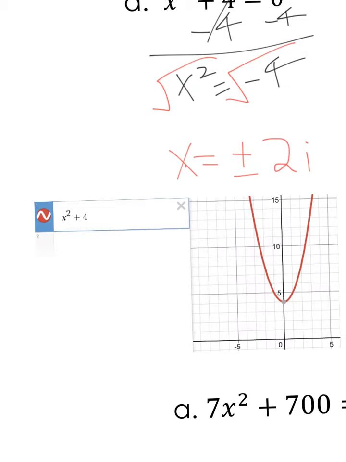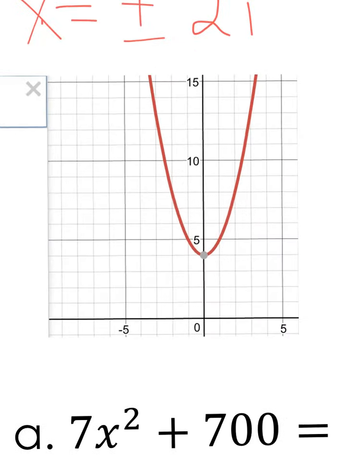So just so we're clear as to what an imaginary root is, I have the graph x squared plus 4. And if it was going down, it would intersect somewhere over here, and these would be the solutions.